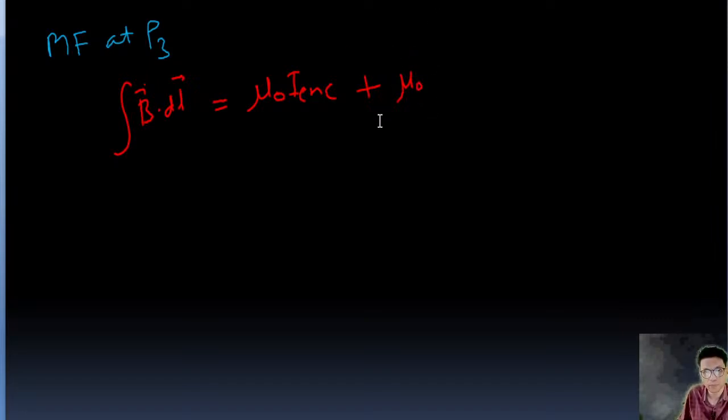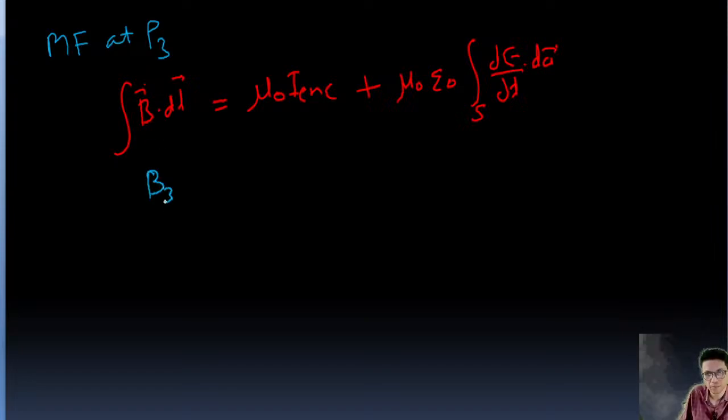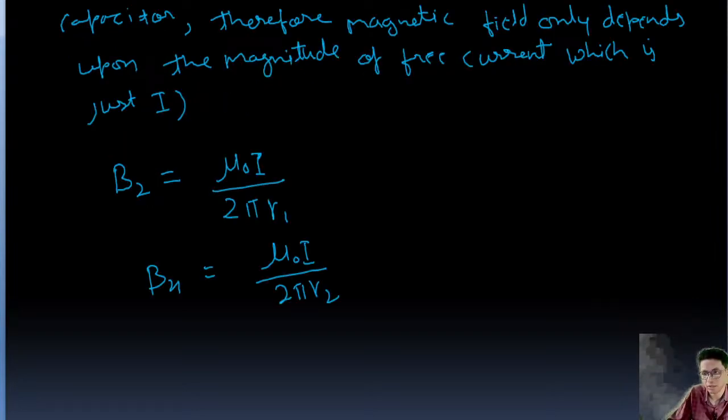epsilon 0 surface integration dE upon dt dot dA. Right? This formula we are going to use. So again, this is going to be B3 into 2 pi R2, this one, okay.